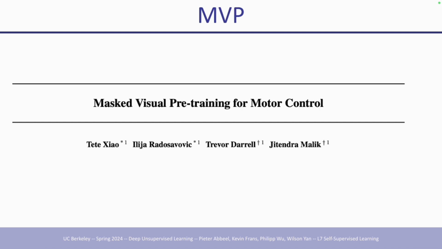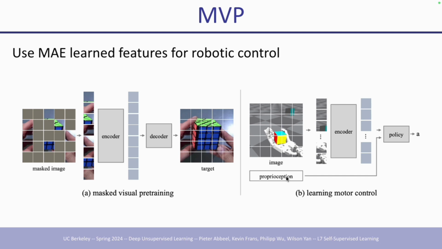So we saw these types of contrastive objectives being used. Can we use one of these reconstruction type objectives that Peter was talking about earlier? That's what was done in this masked visual pre-training for motor control paper by Tete and Ilya at Berkeley. The idea is to apply MAE to learn features for robotic control.